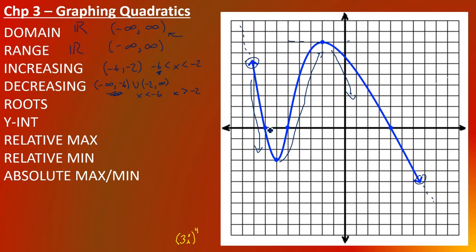All right, roots. I have negative, let's see, 2, 4, 6, looks like 7. So negative 7, negative 5, and 4. Right here is a root. Y-intercept, I don't know what it is exactly, but 1, 2, 3, 4, 5, 6, maybe 6.5.